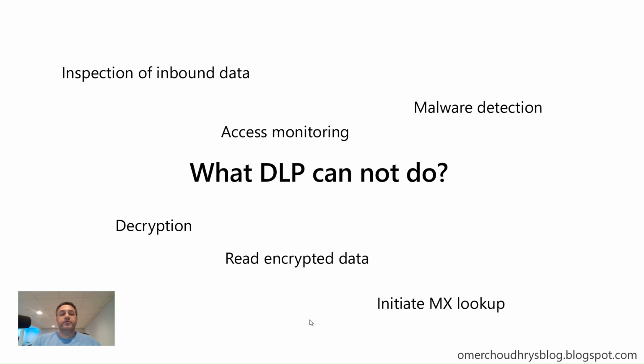Definitely, that is not the job of DLP. DLP is only concerned about data that is crossing the boundary. Malware detection is also something a data loss prevention solution cannot do. It reads text files, Word files, PDF, pictures, anything you can name, but it cannot detect any malware.